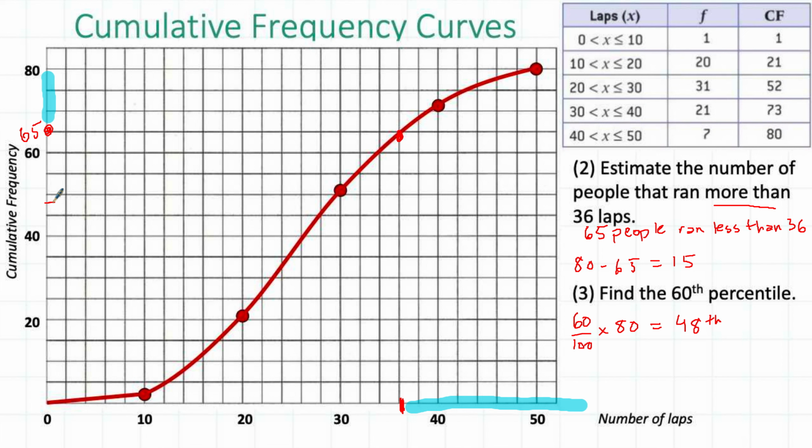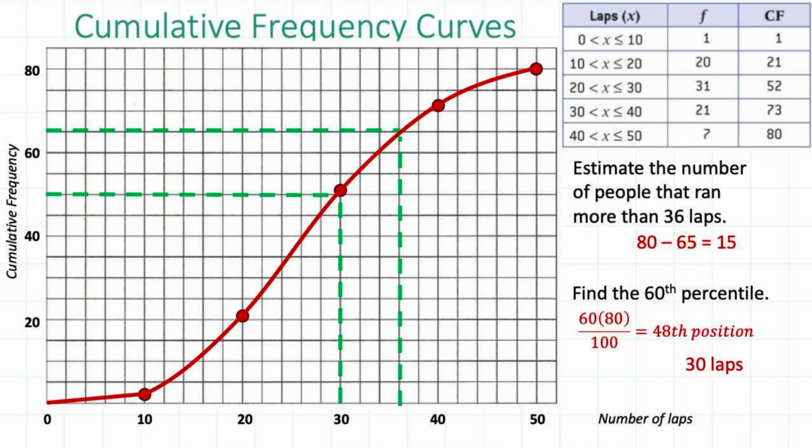it will be somewhere here. And then I can match it with my graph and see this number will represent the 60th percentile. It means that 60% of the people ran this value or less. So I just have the answers here. So it's the 48th position. So about 30 laps. I've rounded it up here, but if you have a more accurate scale, use the more accurate numbers here.